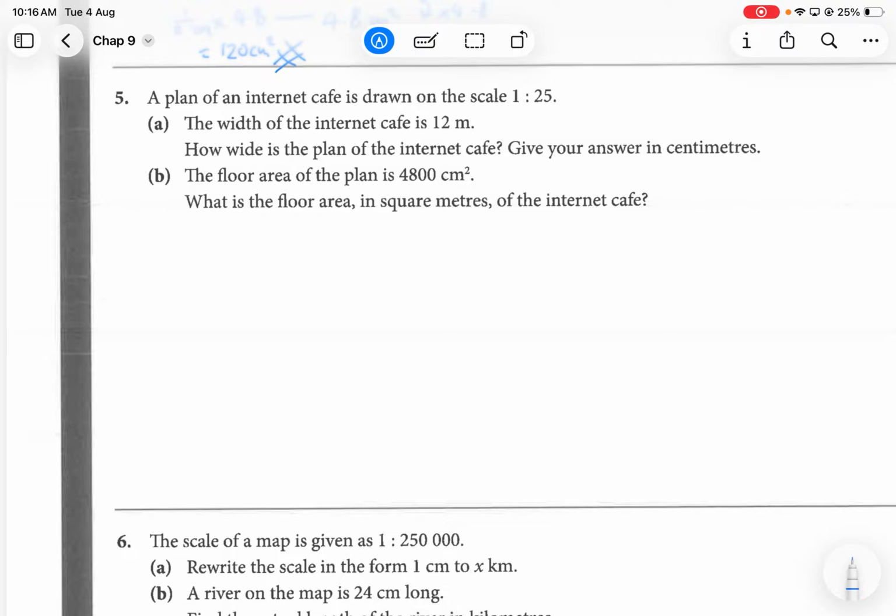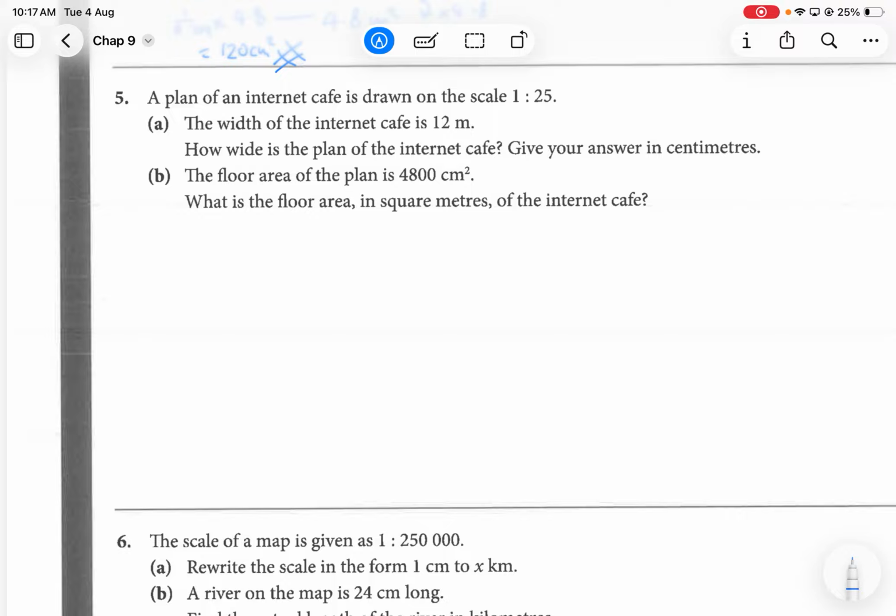Okay? For part B, now no longer length. Now we're talking about area. Area, I need another scale. So I go to the original one. 1 cm is to 25 cm, or 1 cm is to 0.25 meter.